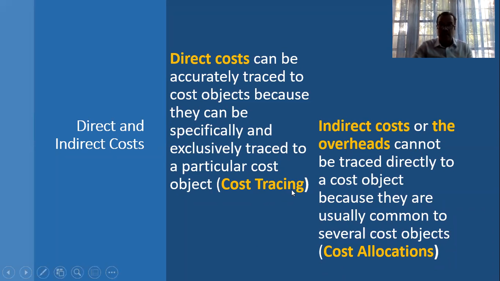Cost can be traced either directly or indirectly. So if any costs can be assigned to a cost object or can be traced directly, corresponding to the volume, that's called direct.